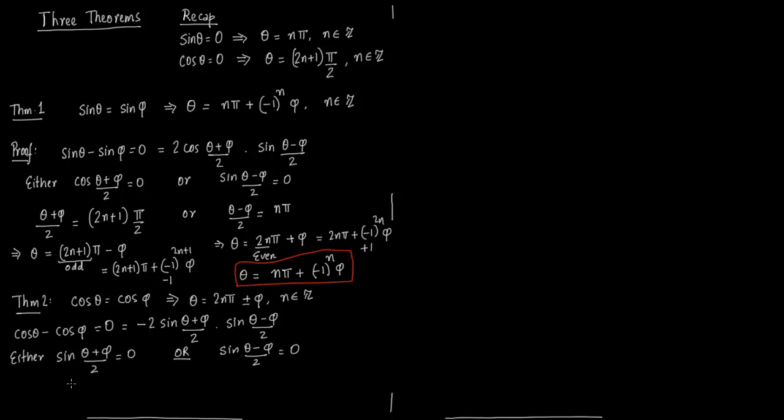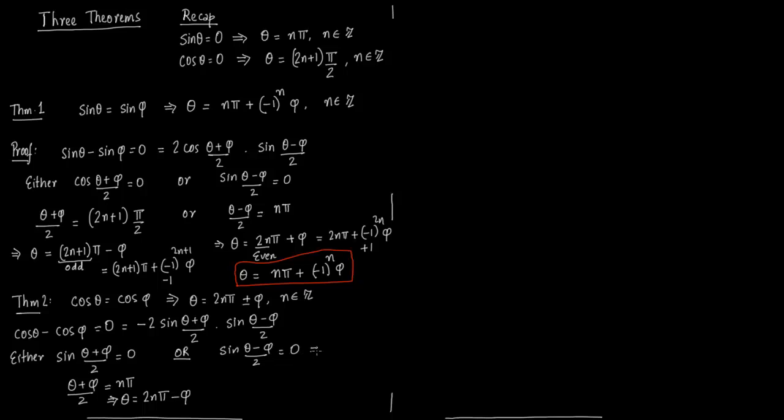Now we write down the formula. If sin of theta plus phi by 2 is 0, this should be equal to n pi. That would imply theta is equal to 2n pi minus phi.